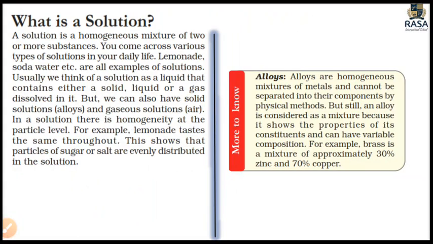In a solution there is homogeneity, that is, uniform distribution at the particle level. For example, when we taste lemonade, whether from the top of the glass or from the bottom of the glass, the taste is the same.